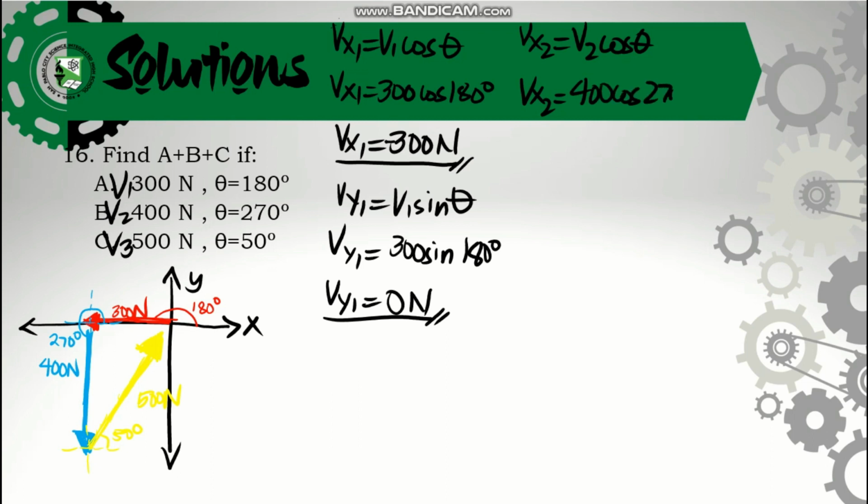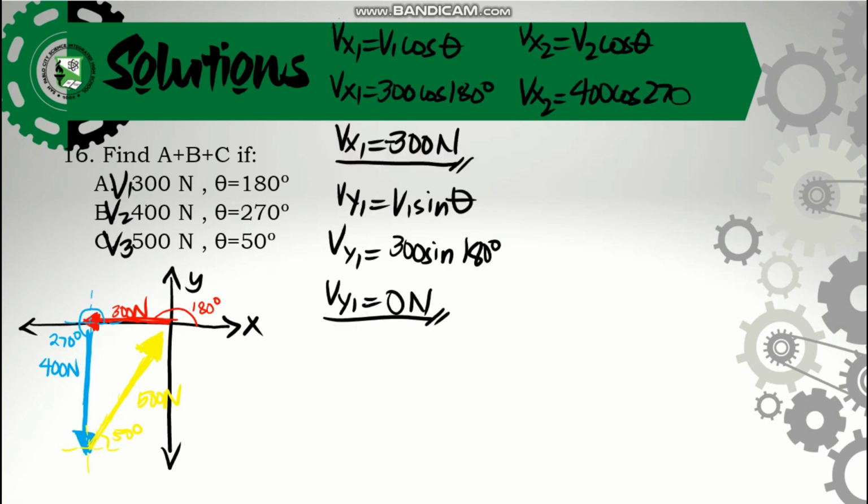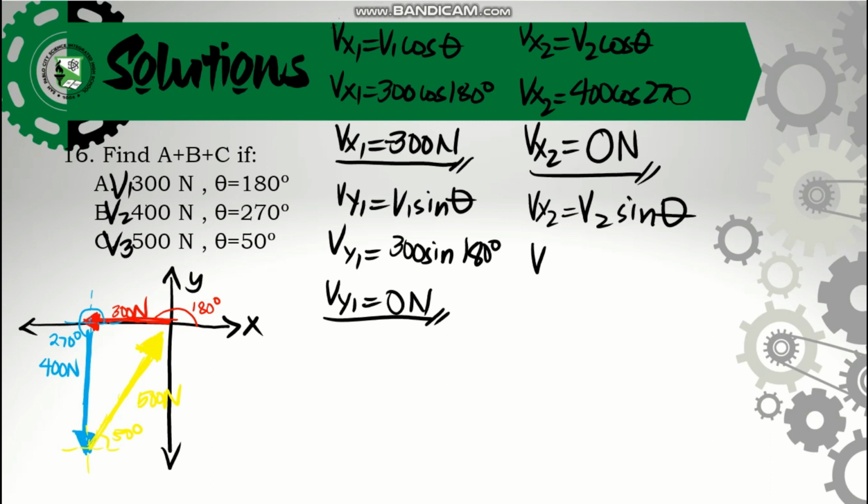Now, let's move on to the vector 2, which is v2 cosine theta, which is 400 cosine 270, will give you 0. And then we have vy2 is equal to v2 sine theta, which is 400 sine 270, and vy2 is equal to negative 400 Newton.